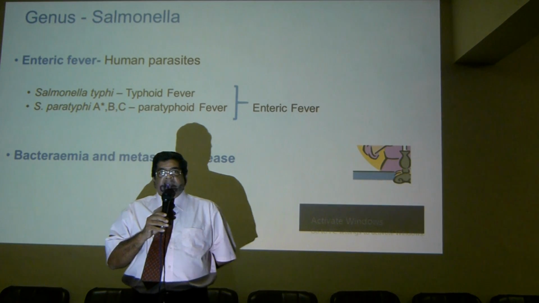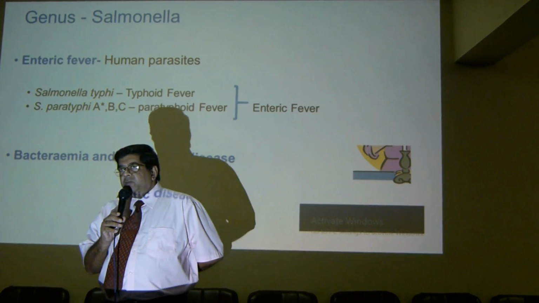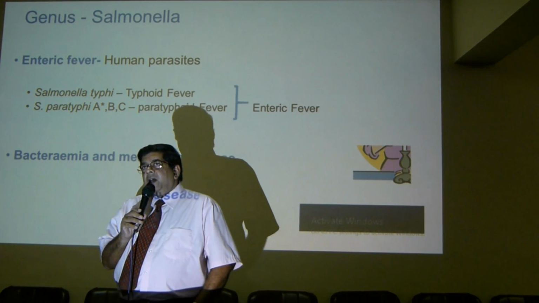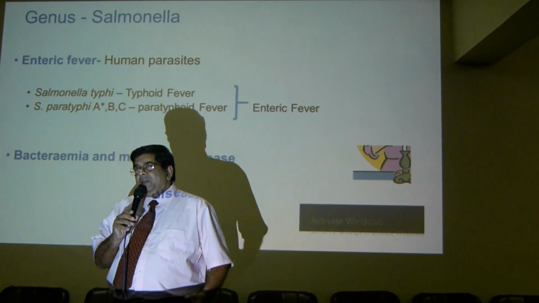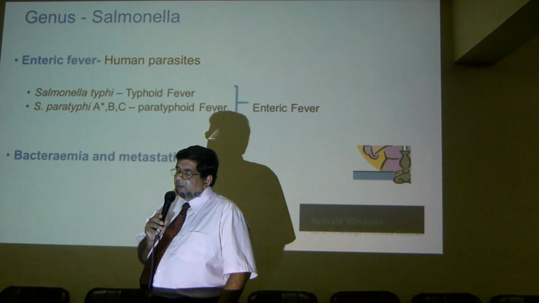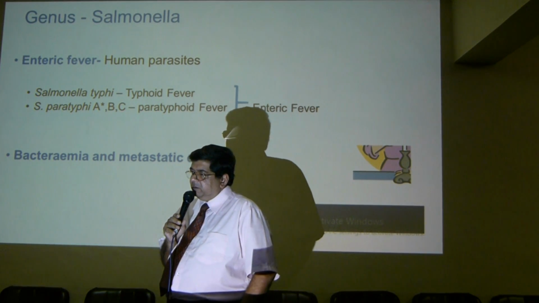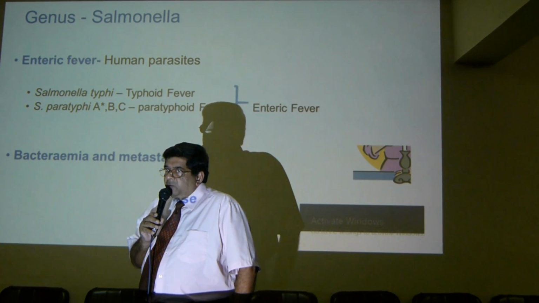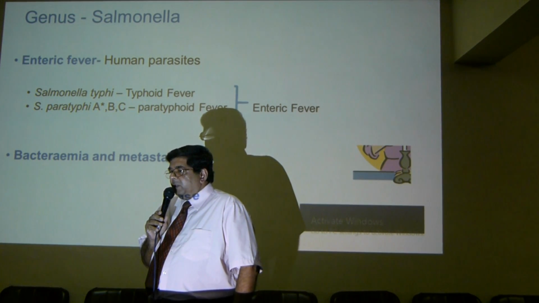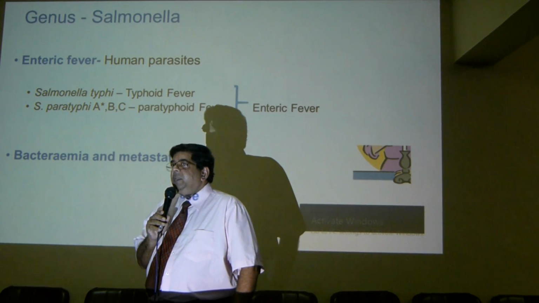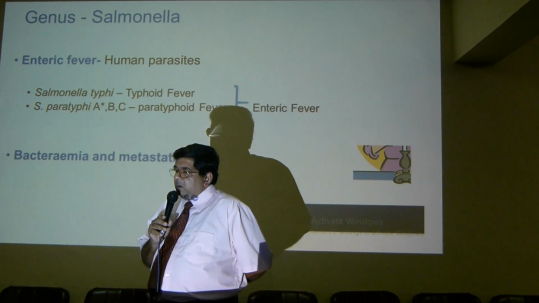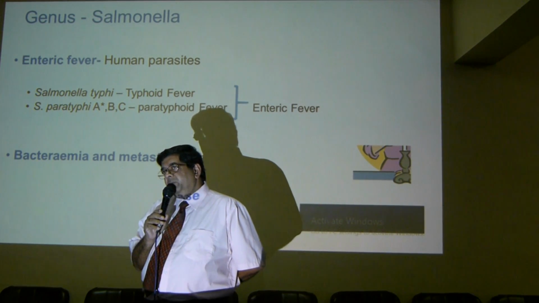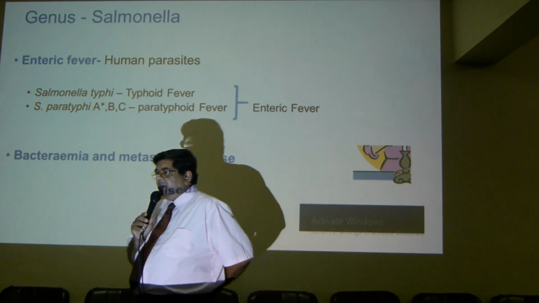Most other Salmonella are animal pathogens or are harbored in the animal gastrointestinal tract, while typhi and paratyphi are found in humans. And they cause a bacteremia and subsequently a metastatic disease.